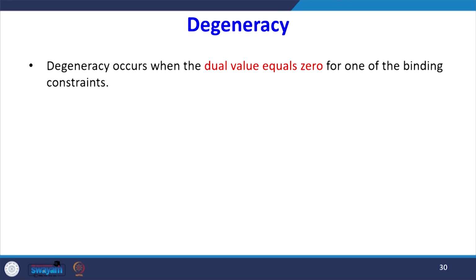But if the constraint is less than or equal to type, and you add resources but the dual value is 0, that situation is degeneracy. That means adding resources is not helping to improve your objective function, even though it is a binding constraint. That situation is degeneracy.